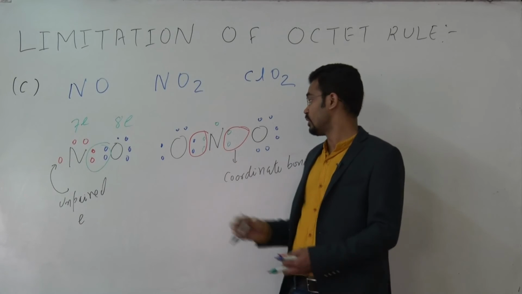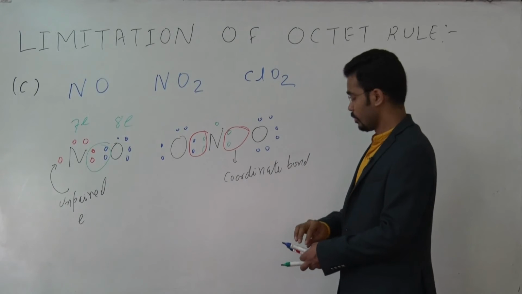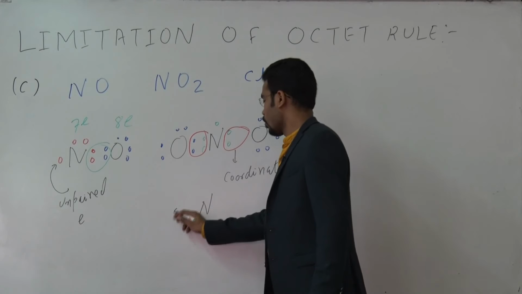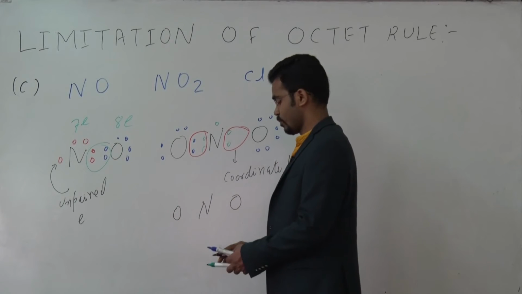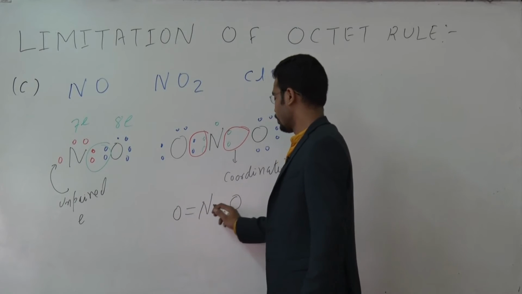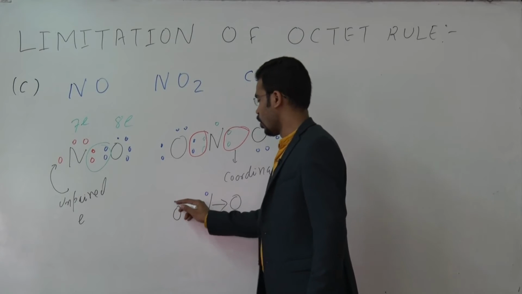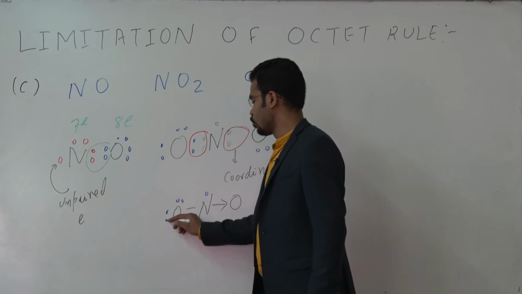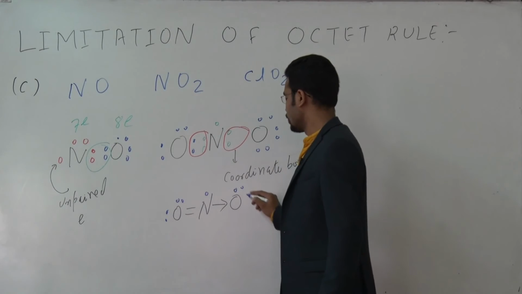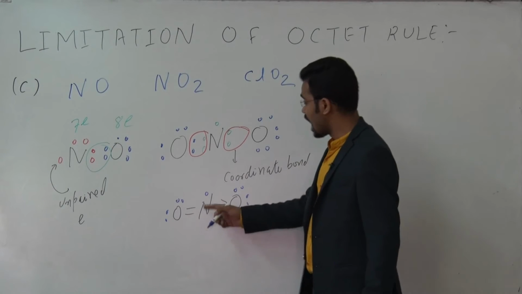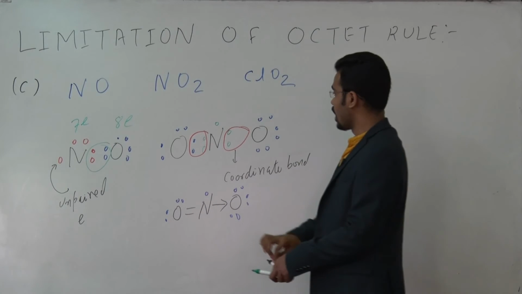And you can draw the bond structure: nitrogen, oxygen, oxygen, and it has a coordinate bond, and it has a single electron, 2 lone pairs, and 3 lone pairs. So see here, nitrogen has 1 unpaired electron, yes or no?